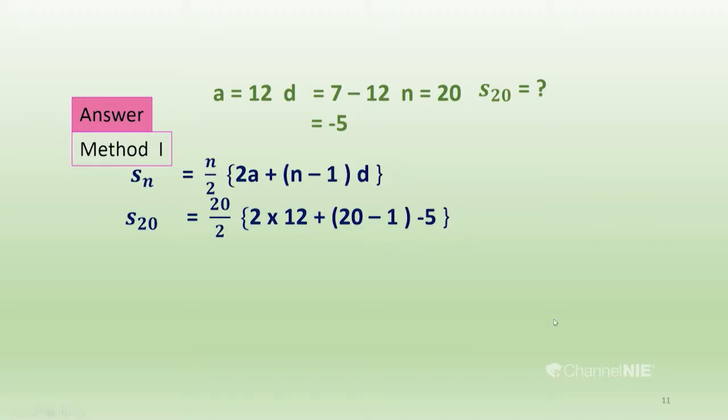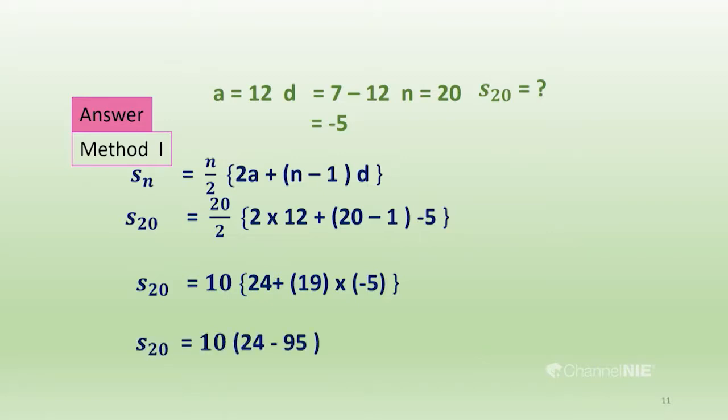Then how do we simplify this? First I am going to simplify the fraction, 20 and 2 we can divide. Then we can multiply 2 and 12 and simplify in the bracket and multiply with the outside numbers. In this step you can see that 20 divided by 2 is 10, and 24 plus 20 minus 1 is 19, 19 multiplied by minus 5.